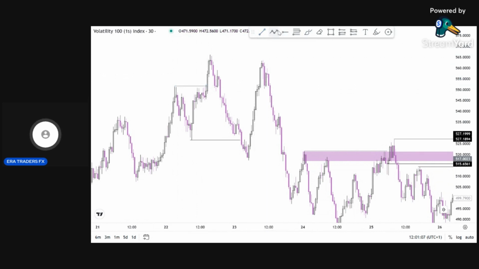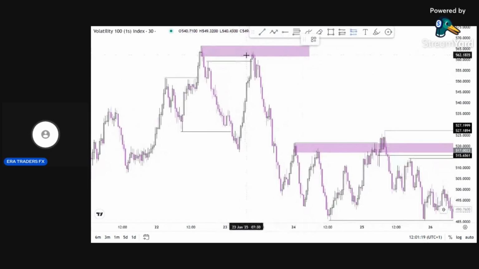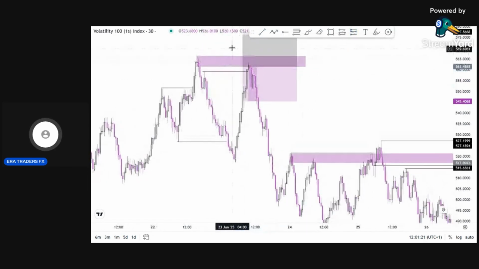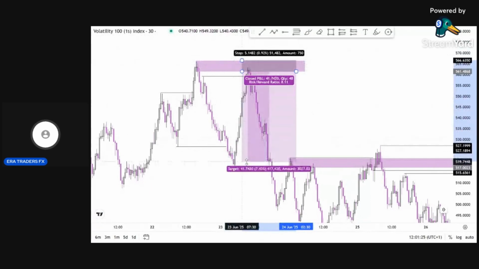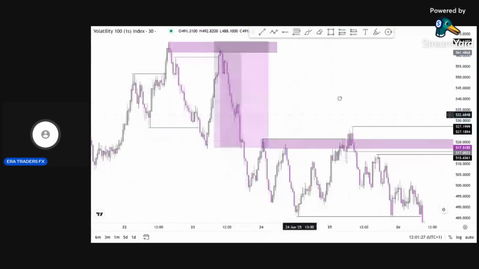This is the last buy candle before the push down, which has this structural liquidity. So it is the sample two order block entry. This is your TP. Now that's the order block.